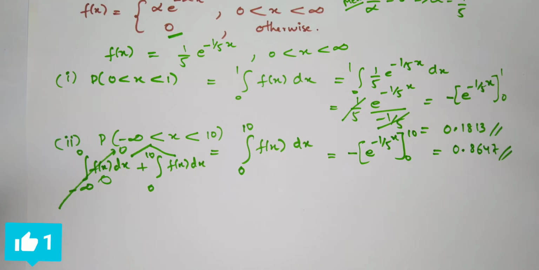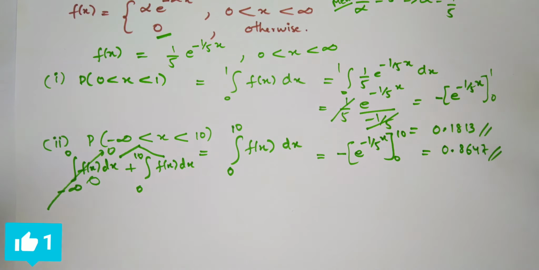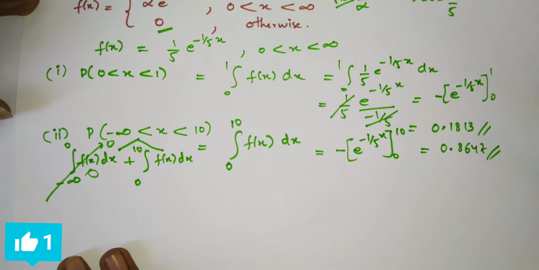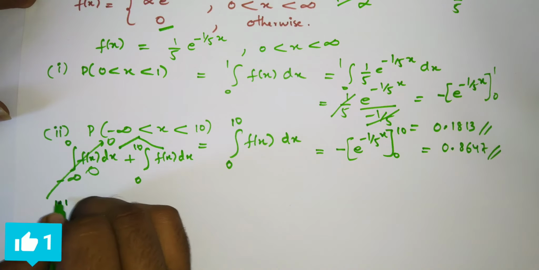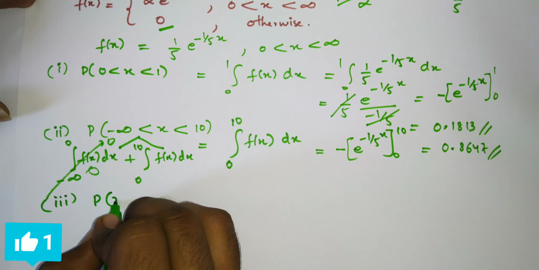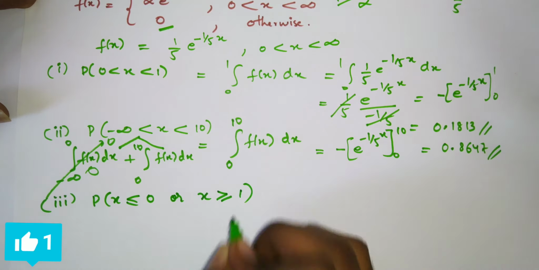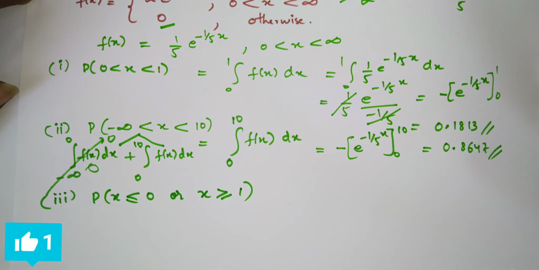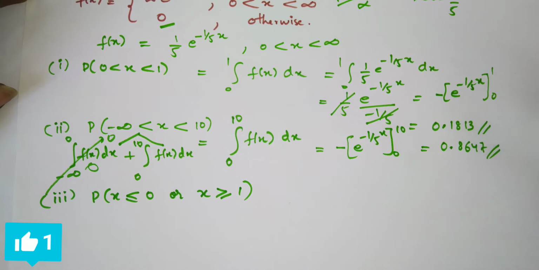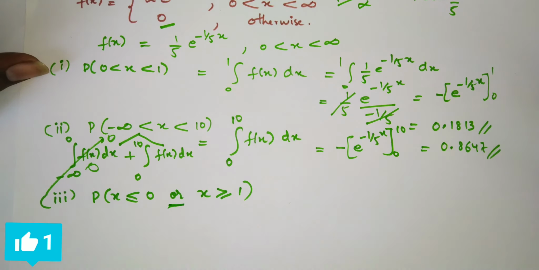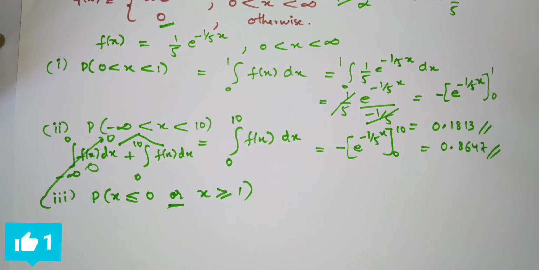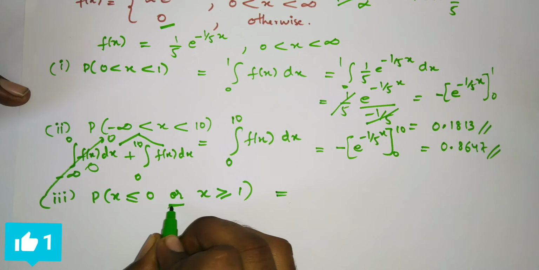Let us move further to the third part of the question: P(x ≤ 0 or x ≥ 1). What is the meaning of 'or' here? You need to understand that 'or' means I have to add.